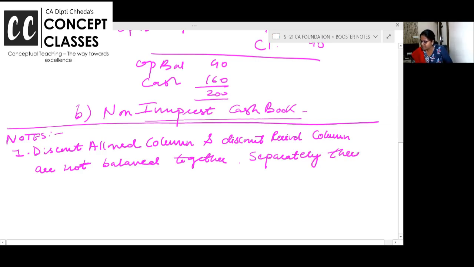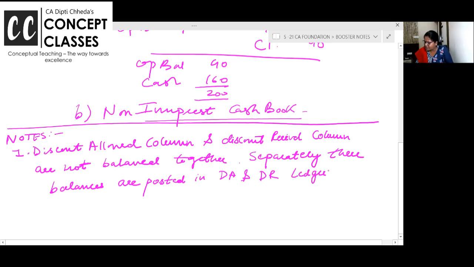Separately, their balances are posted in the discount allowed and discount received ledgers. Right? Separately their balances are posted. Discount allowed or discount received, don't net them off.